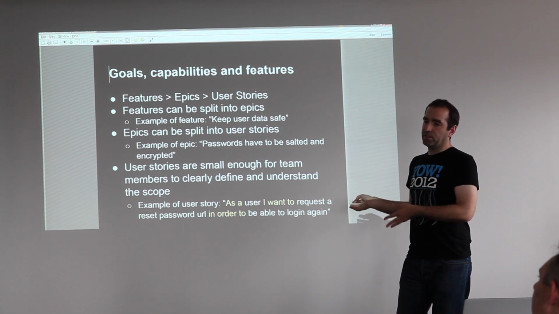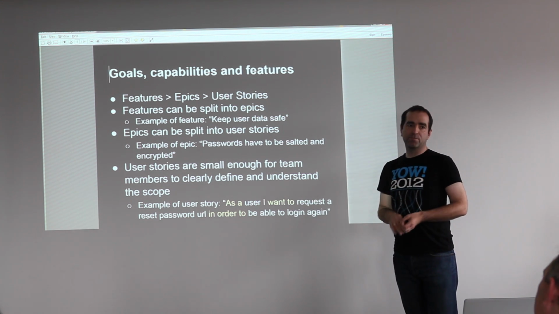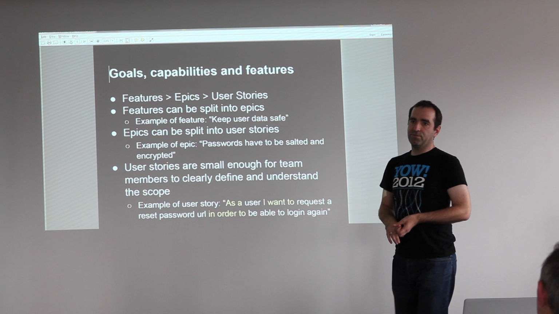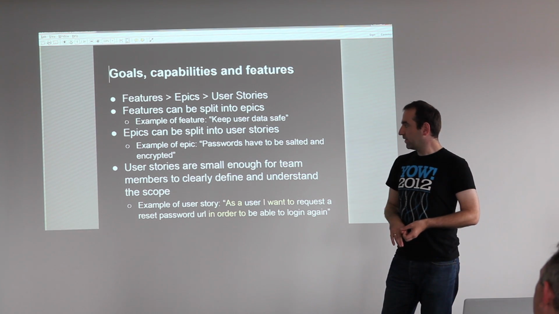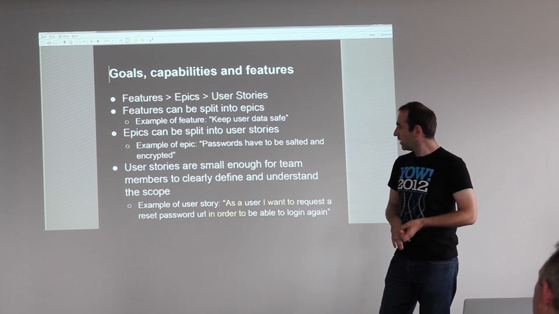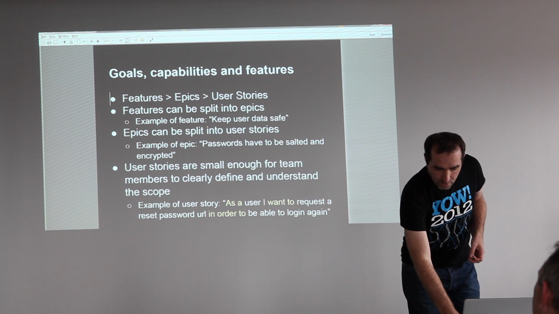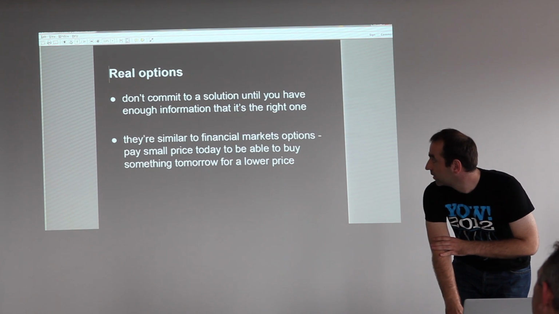So it can be split even further into user stories, which are small concepts that are really easy to understand and really easy to reason about for team members. And those are the smallest pieces of work that developers and testers are working on.